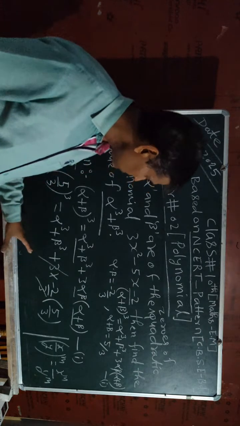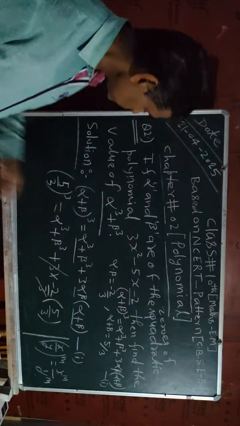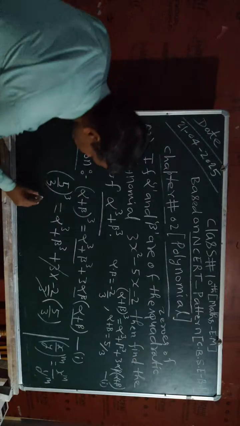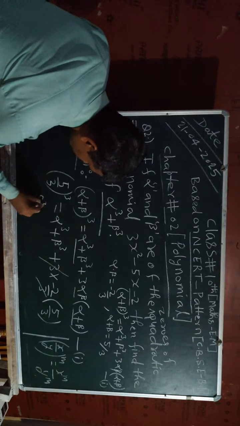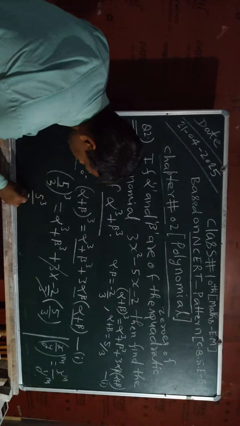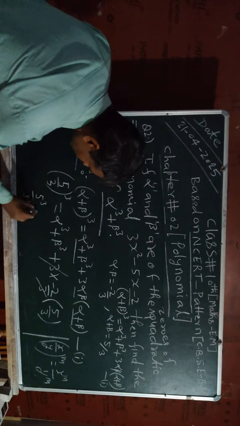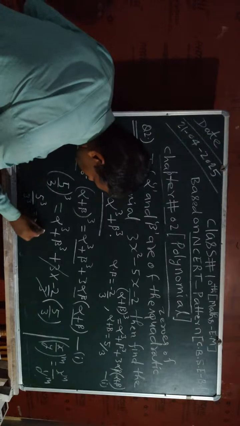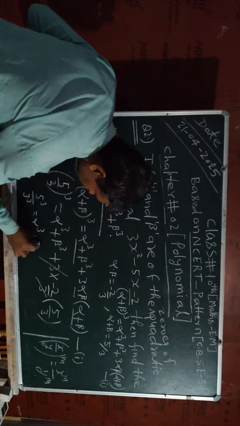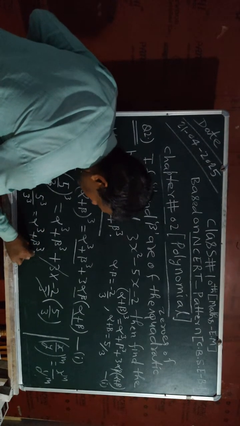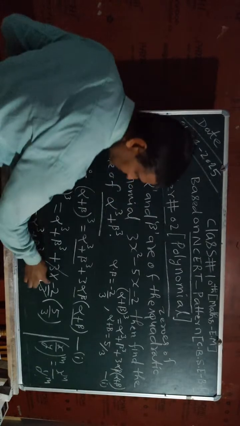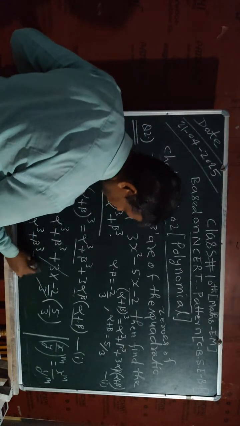And now the other is okay. So now I am going to write it like this: 5 to the power 3 divided by 3 to the power 3, which is equal to alpha cube plus beta cube, and this is a plus sign and this is a minus sign, so it will become minus.